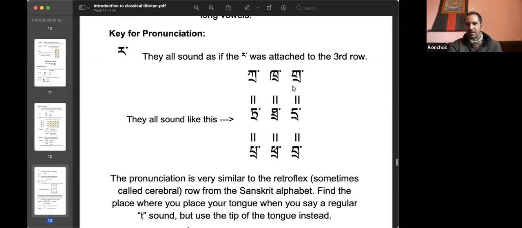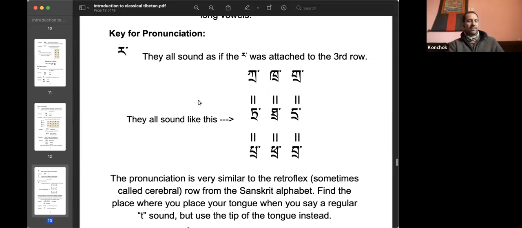Here, because there is nowhere to attach, we have to add an extra line a little bit. Maybe you can see on the Ka, there's nothing to attach, so you add a little bit of an extra line underneath. So these are all Rataks.